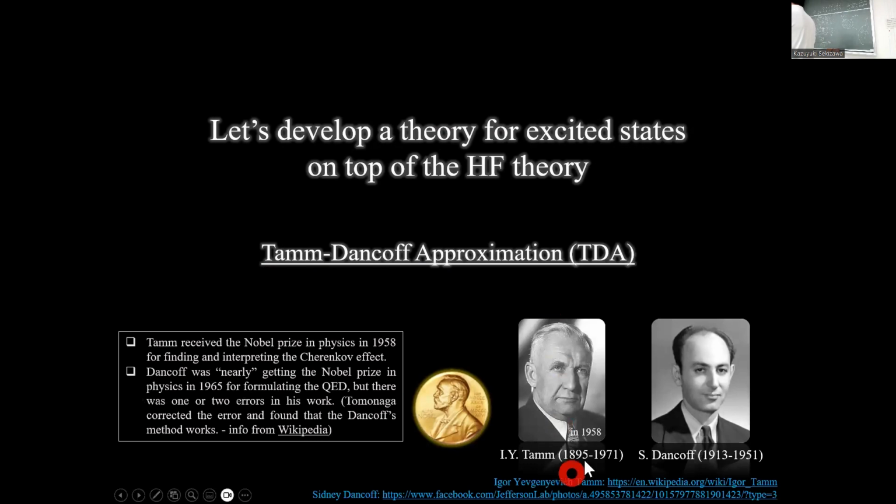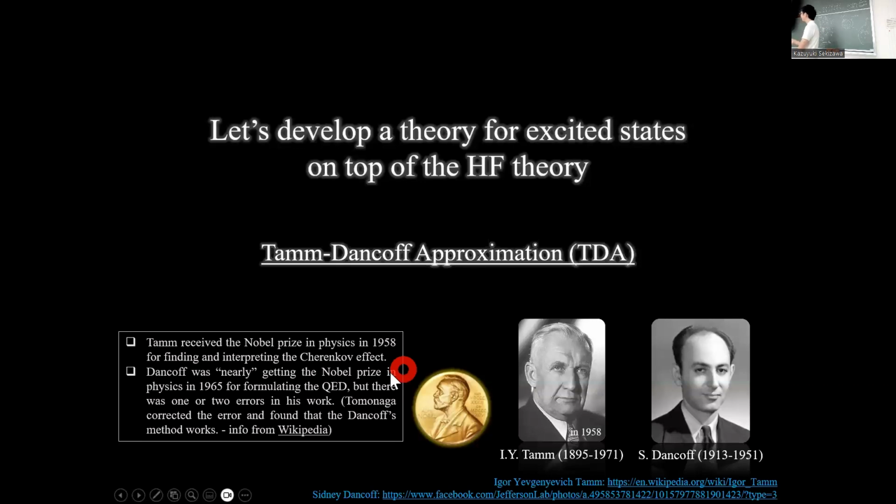Those are the guys, Tamm and Dancoff, and both are great physicists, actually. Tamm received the Nobel Prize in physics in 1958 for his contribution to finding and interpreting the Cherenkov effect.